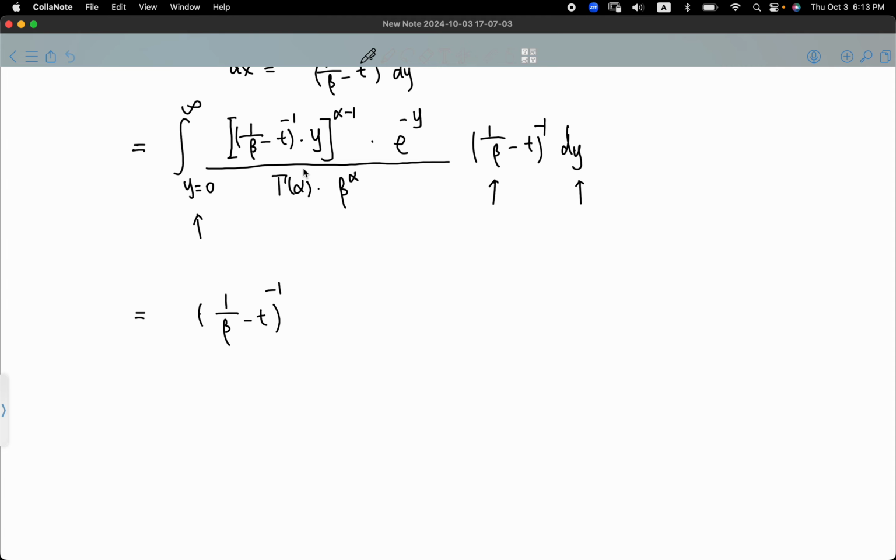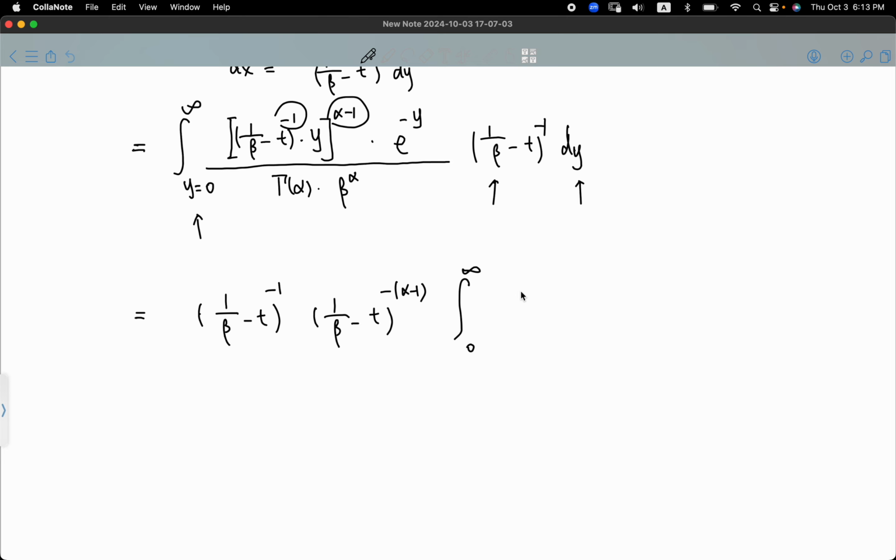We have a constant here, so we can also make that outside the integral. And don't forget there's a minus 1 here, and then an alpha minus 1 here. So you have a negative alpha minus 1 here. Do you agree with that? So I'm just bringing the constant, not related to y, outside the integral. And now work on the integral from 0 to infinity.